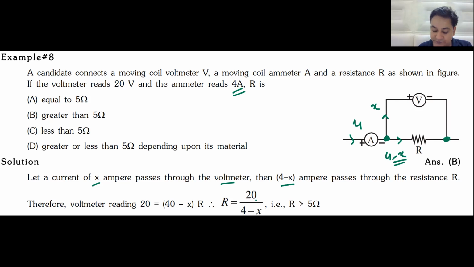So this 20 will be equal to 4 minus X into R. So R will be 20 divided by 4 minus X. This cannot be equal to 5. It has to be greater than 5. That is how this was done.